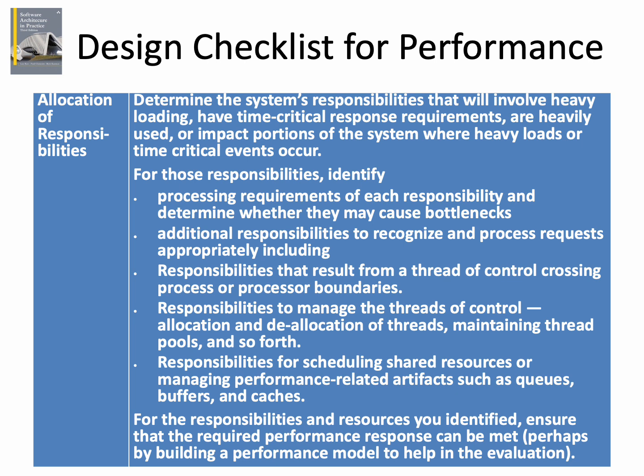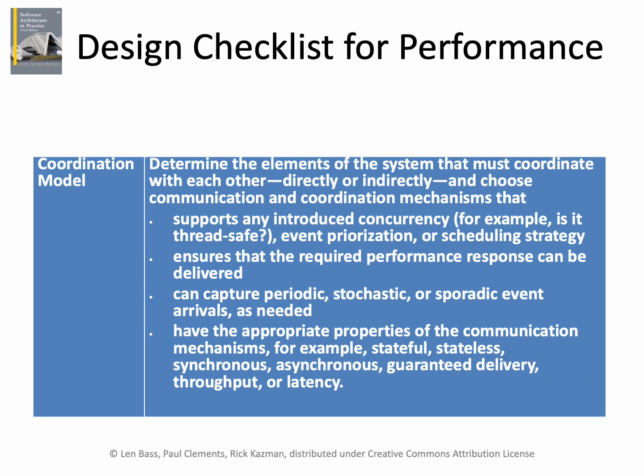Also identify additional responsibilities to recognize and process requests appropriately, including responsibilities that result from the thread of control crossing process boundaries. I suggest you pause this and look at this very carefully, and then we'll go to the next one.